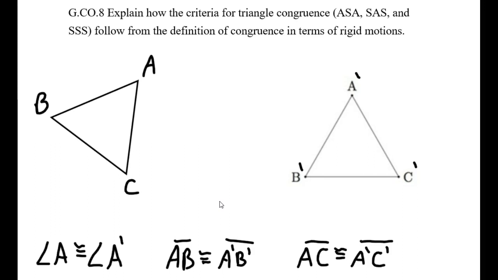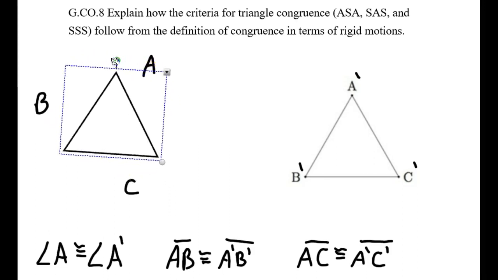What the standard is saying is that if we have these three pieces of information, side, angle, side, we know these triangles must be congruent. Also, if we perform a series of rigid motions, we know rigid motions don't change the size of the triangle or the shape at all. So if we perform rigid motions, these two triangles are going to be congruent. So I'm going to take my pre-image, which is triangle ABC.